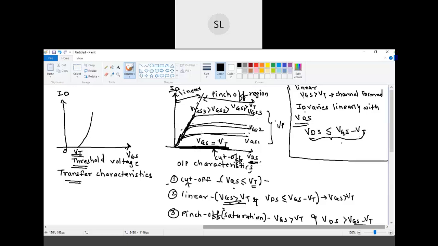Since this gate voltage is fixed, the number of carriers accumulated will also be fixed. Therefore, the drain current will not increase beyond a certain limit. It will remain constant even though you go on increasing this VDS. So we can say that the MOSFET is operating in the saturation region or in the pinch off region. Got it, everyone?